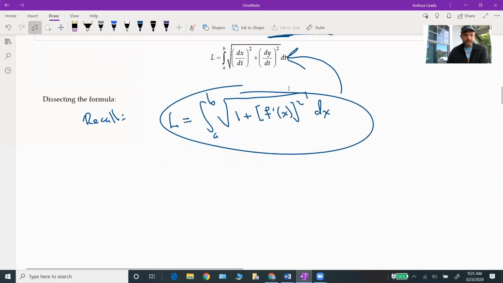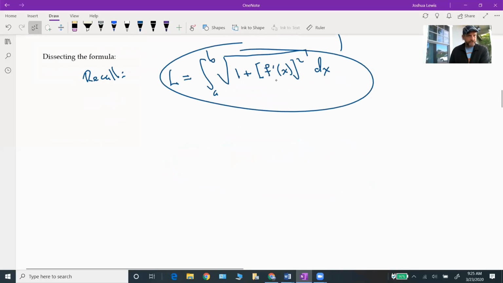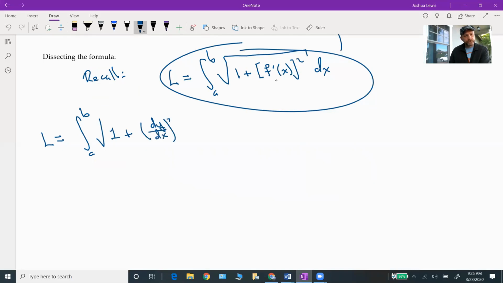So let's take a look at A and B. And instead of looking at this as f prime of x, maybe I'll call this dy/dx, dx, okay?